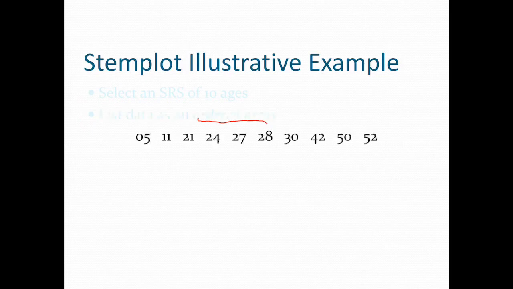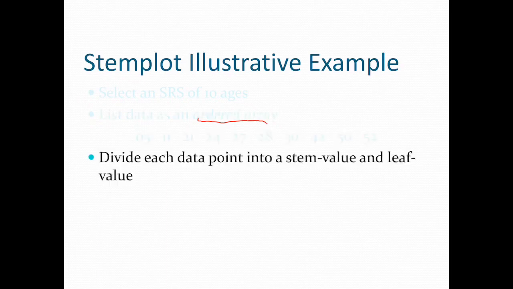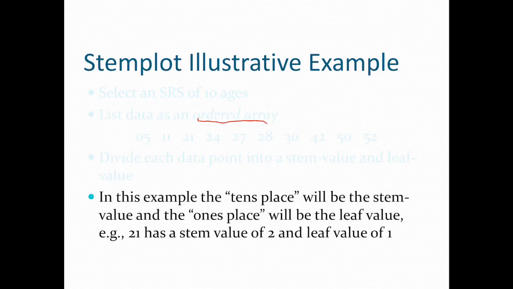So here we have our data. We have our 10 ages from 5 to 52, and you'll notice that they are in ascending order from least to greatest. What we're going to do is divide each data point into a stem value and a leaf value. The way we do that, for this particular example, is the tens place will be the stem value.